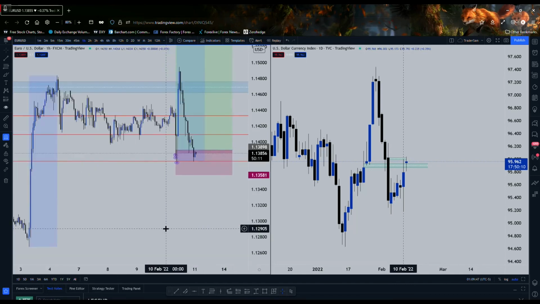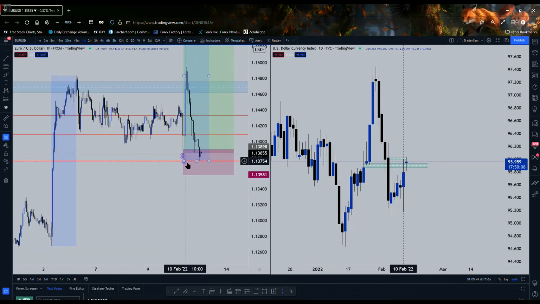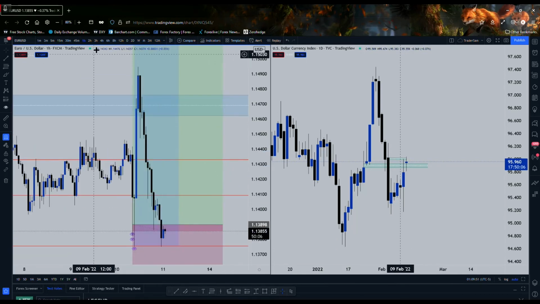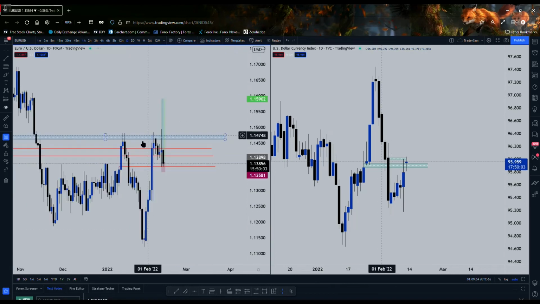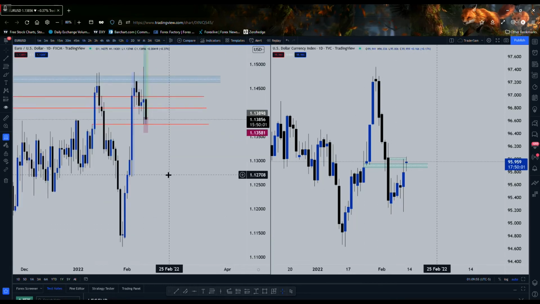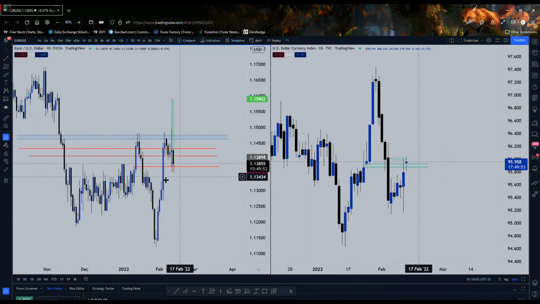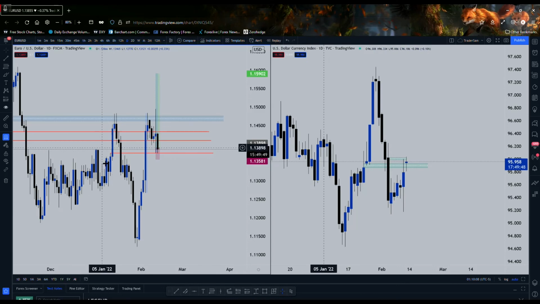You might be wondering, what is this line here that it's touching? It's a previous high, and honestly, that's it. I want to see this thing wick again and then rally. Although not highly favorable, it could still do it.